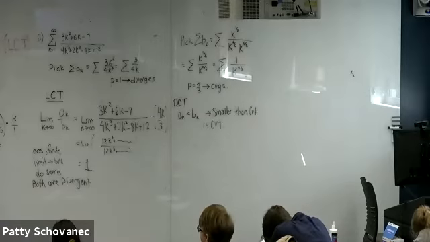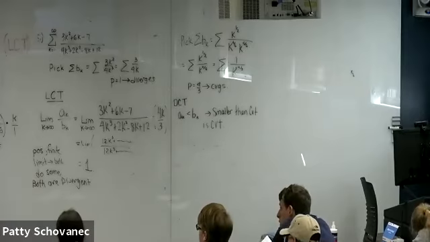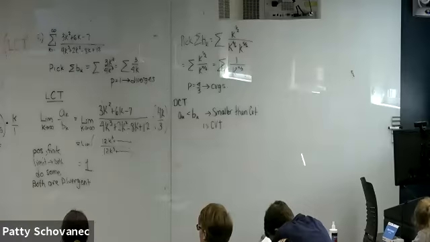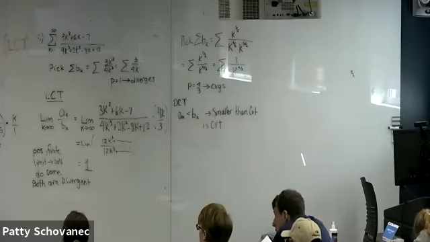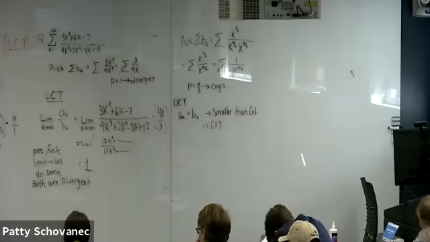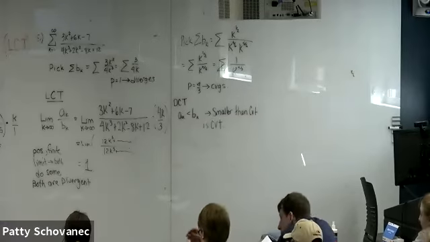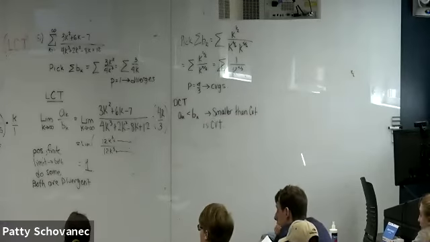This numerator here is smaller than this numerator because I put the largest value of this function in there. If I divide both sides by the same positive number, the inequality stays the same. And so I've got smaller than convergent is convergent.